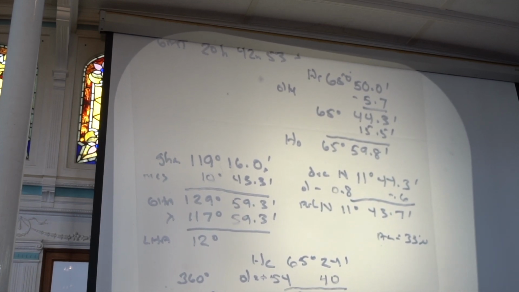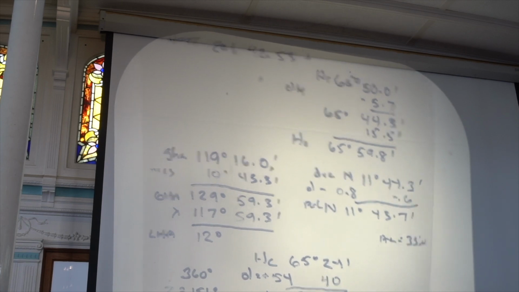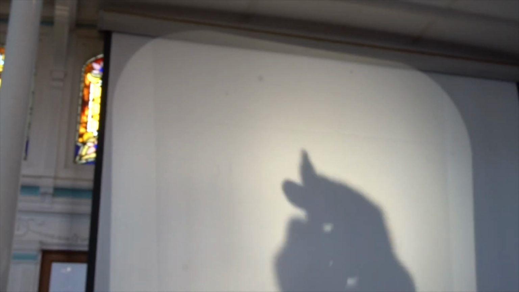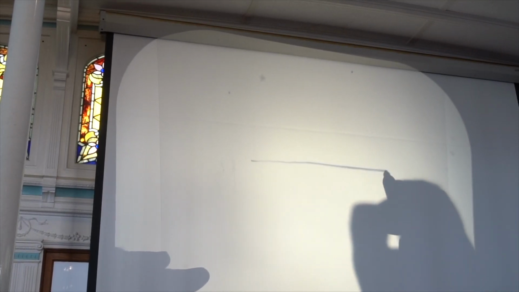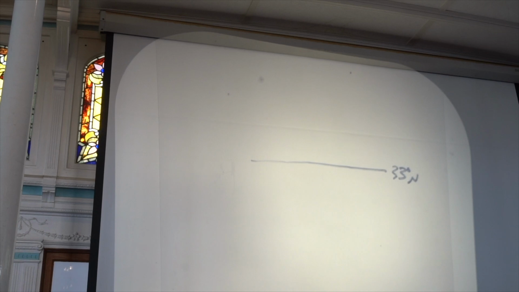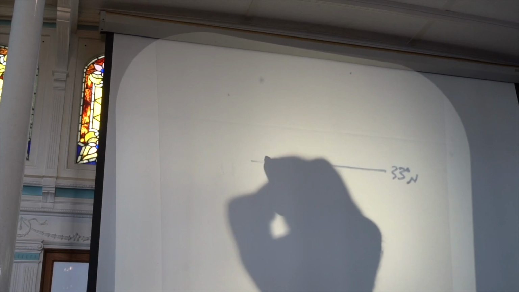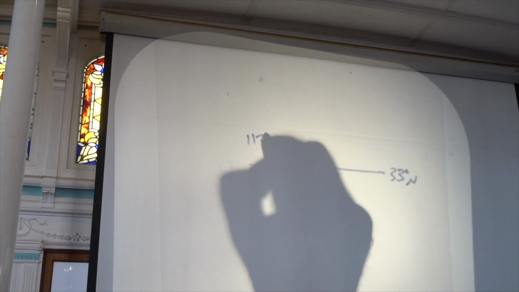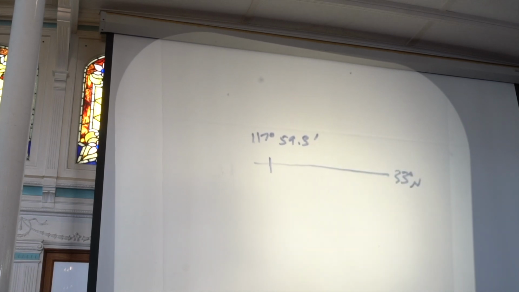Away. Okay? So if we were to plot that out on our chart, imagine this is your plotting sheet, and up here you've got 33 degrees north, and our assumed longitude was the longitude we subtracted from the LHA, so let's say that's 117 degrees, 59.3 minutes.